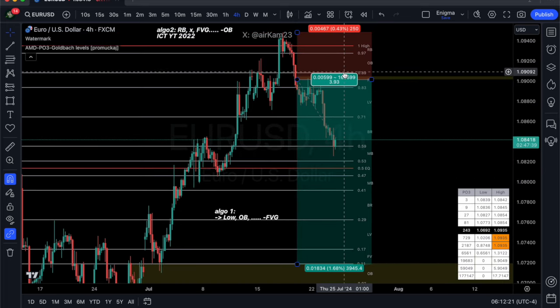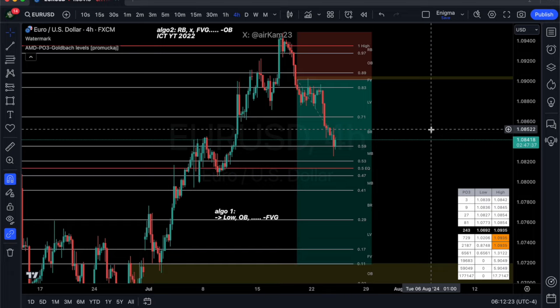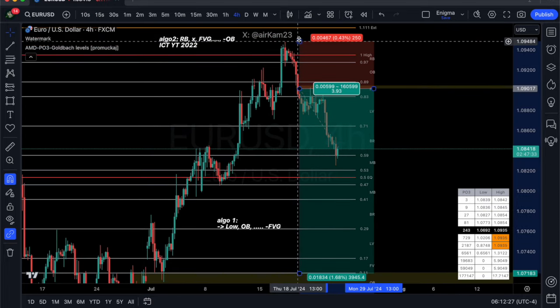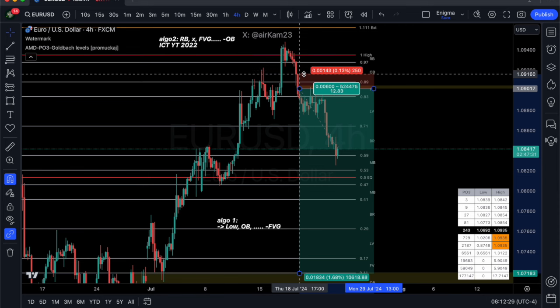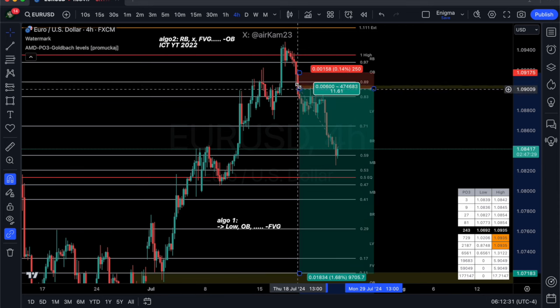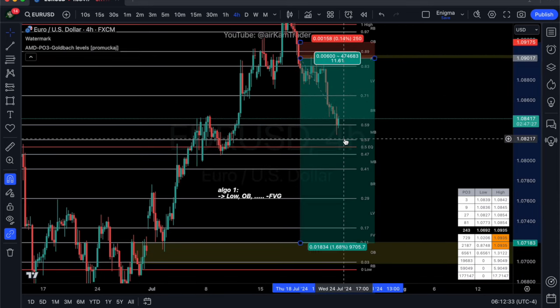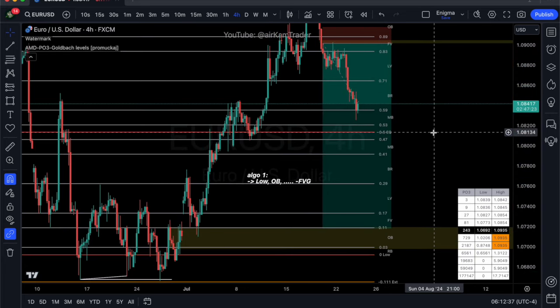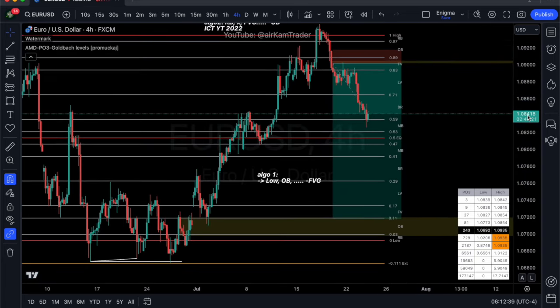Now, of course, you can have a much, much tighter stop than that, but just being conservative, if you're happy to put your stop above that candle, because you shouldn't go far higher than this fair value gap, then that's an 11R trade. This is how you can use the power of Goldbach to really enhance your trading.